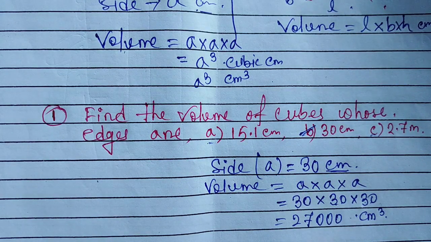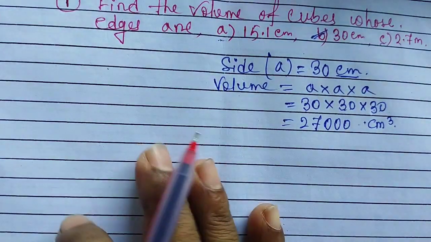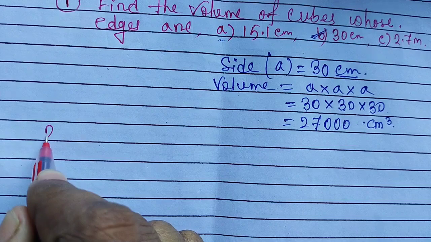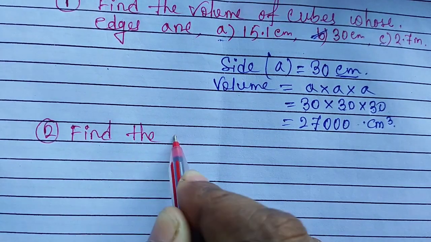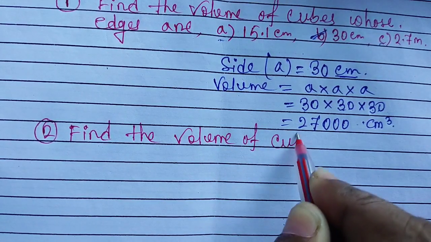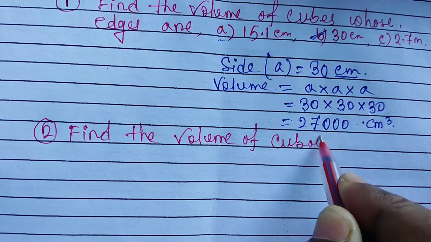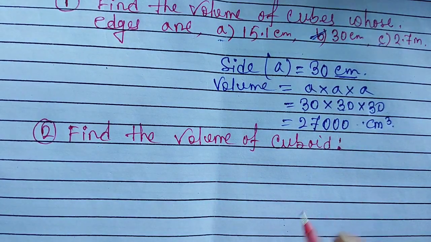Understood everyone? Now try to solve question number 2. Find the volume of a cuboid with the following dimensions.